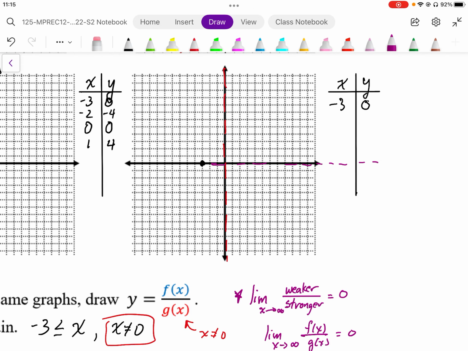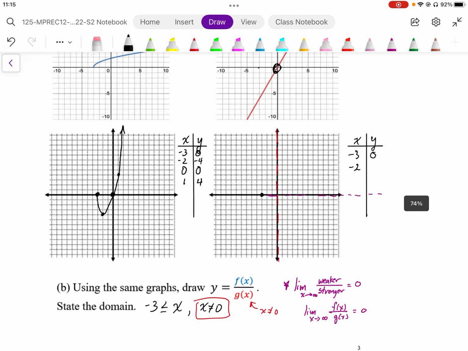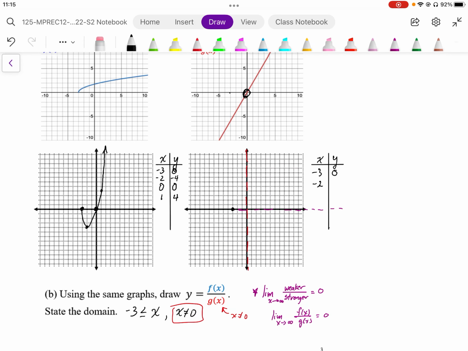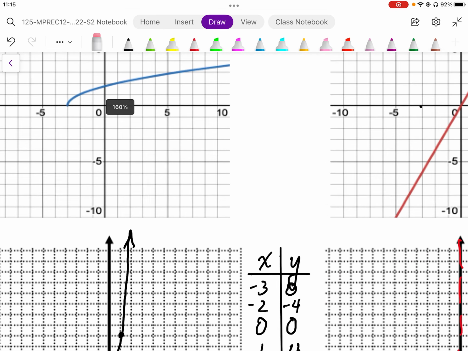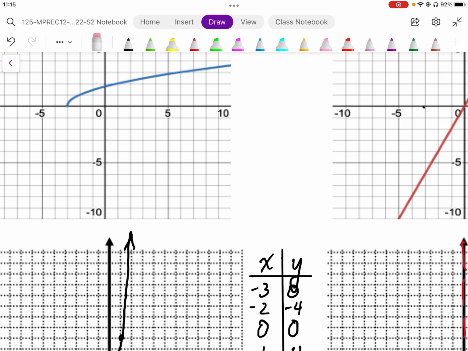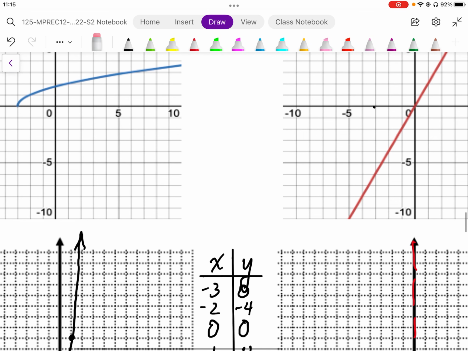So we can just plug in a few coordinates and we can just follow the asymptote. So I'm going to again plug in -2 to generate a y coordinate. So at x equals -2, our y value from the f is equal to 1. The y value of g is equal to -1/4.